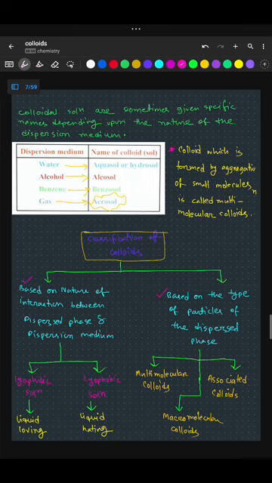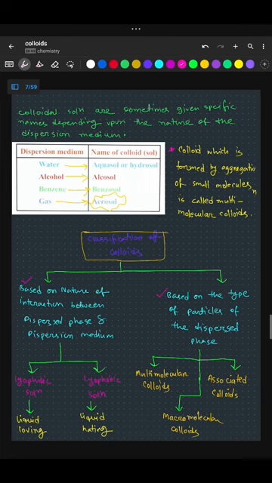One of them is lyophilic, which attracts liquid or water. And the second type is lyophobic, which literally repels liquid.